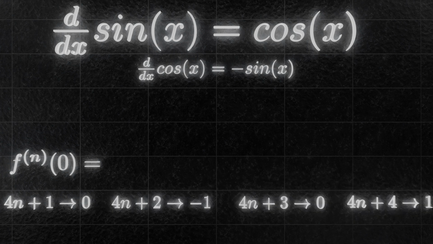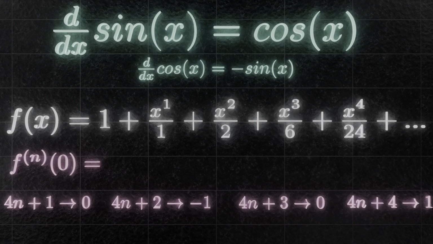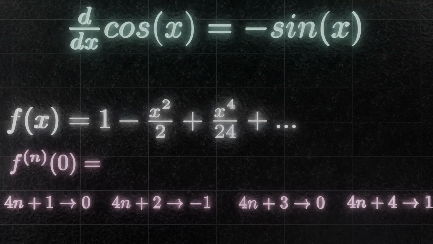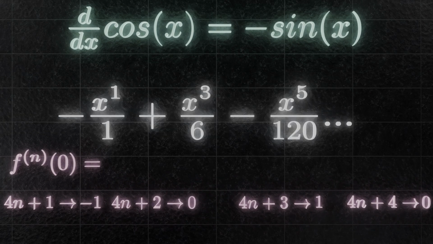So it's the same series except every second x disappears, because we multiplied by 0, and every fourth term switches to a negative, like this. So here we have the Taylor series for sine. What about cosine? Well, cosine is just the derivative of sine, so we can just offset everything by 1, and there we go. Those are the Taylor series for the trig functions.